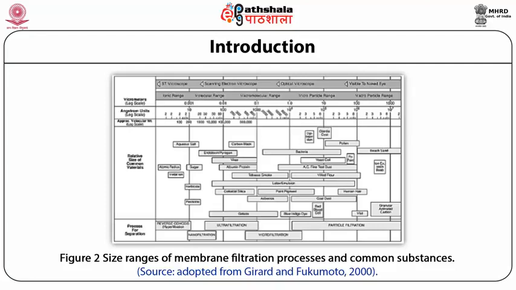And reverse osmosis, also known as hyperfiltration, is always used in the ionic range. If we see these units in angstrom, or on a log scale, then reverse osmosis is used for 0.001. RO and NF, that is NF is used in the range of 0.001 to 0.01. Ultrafiltration is for 0.1.